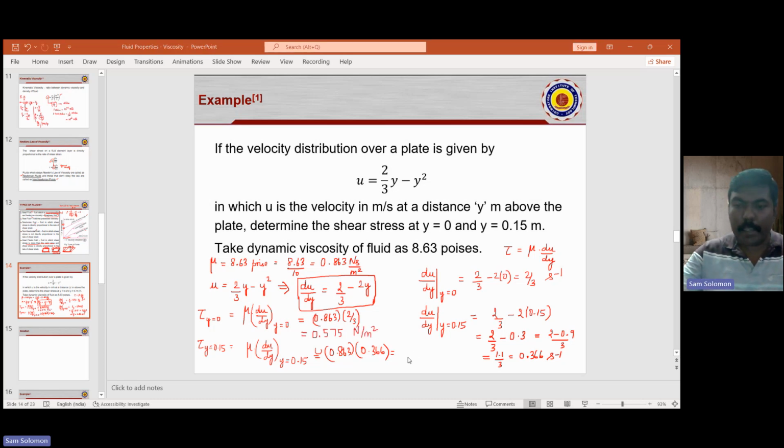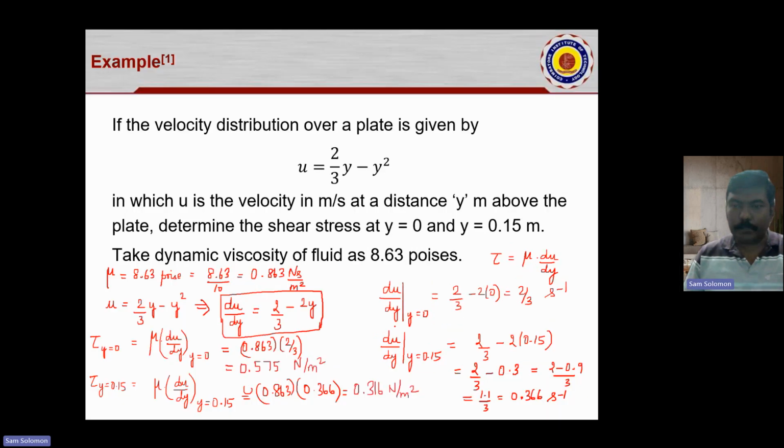And the other one is 0.863 into 0.366, and this is 0.316 Newton. Okay, so that is the value of tau at y equal to 0 and y equal to 0.15 meters.